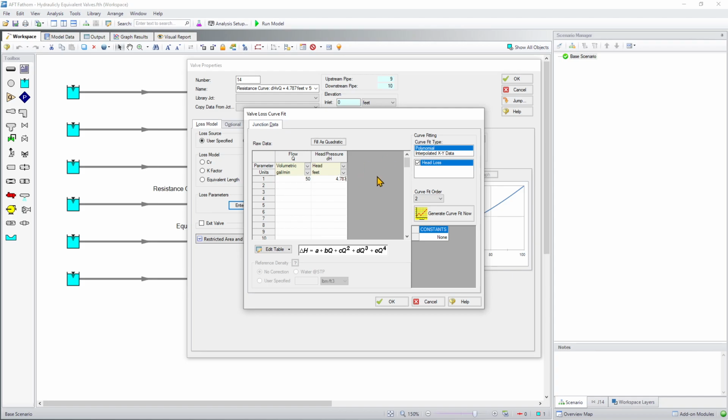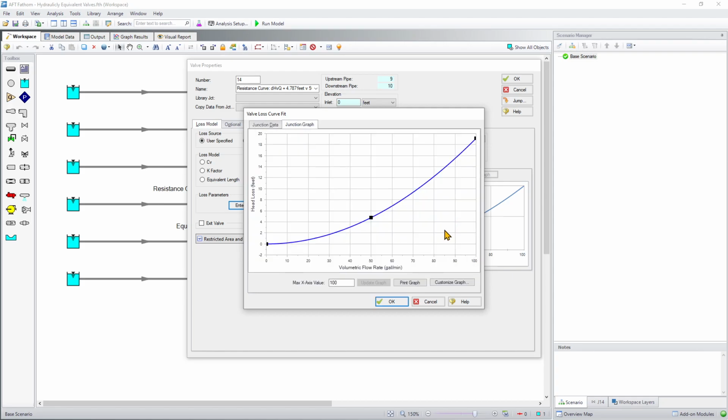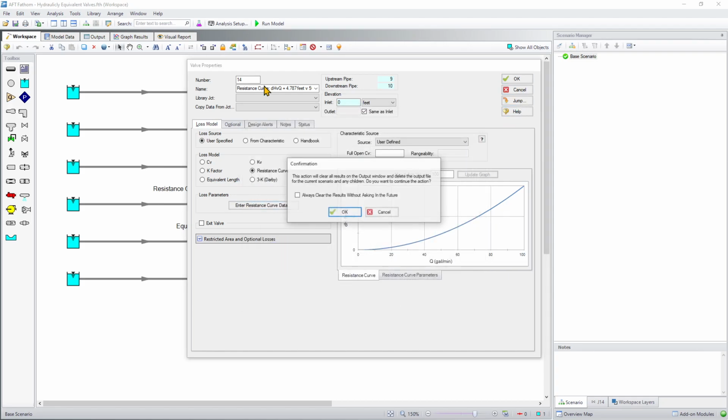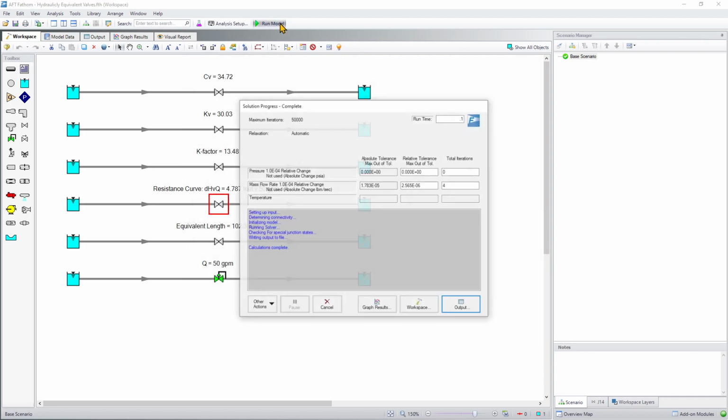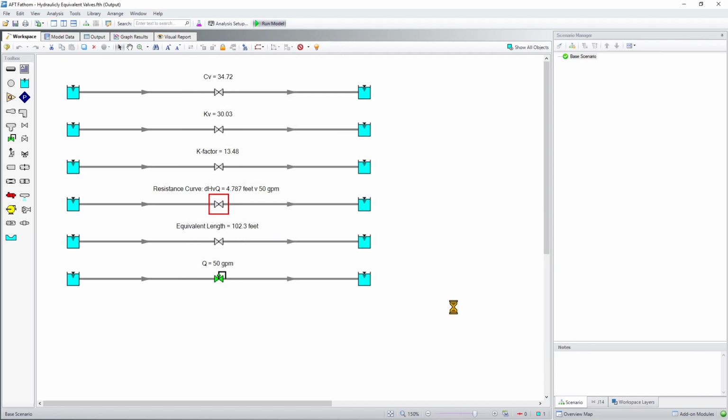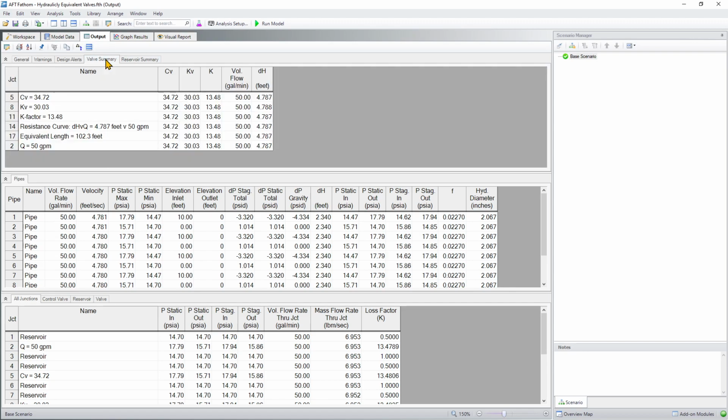From a single data point, pressing fill as quadratic, it will make me the polynomial that is equivalent to that K, equivalent to the CVs. And so now I have 50, 4.787, generate your curve fit, run the model, and they're all still the same, hydraulically equivalent.